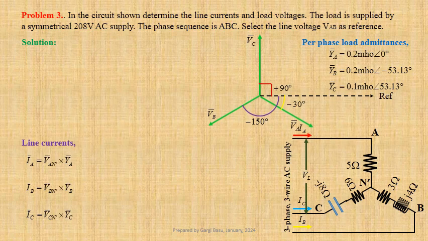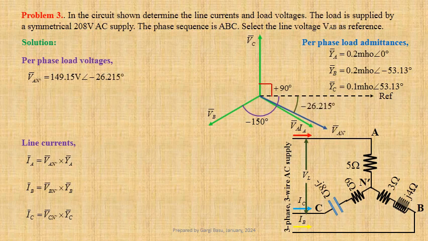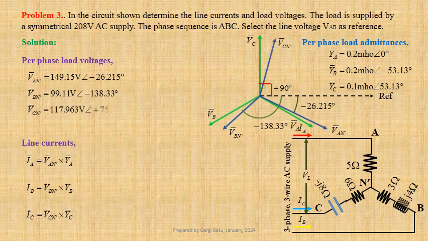We have determined per phase load voltages VAN' equals 149.15 volt at an angle minus 26.215 degree, VBN' equals 99.11 volt at an angle minus 138.33 degree, and VCN' equals 117.963 volt at an angle plus 75.3236 degree.